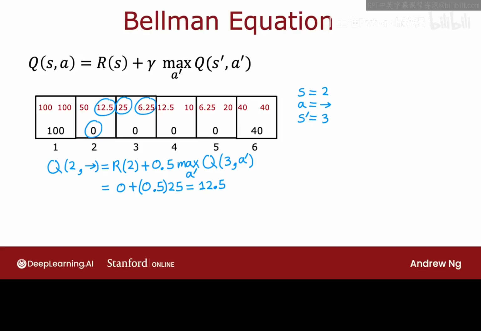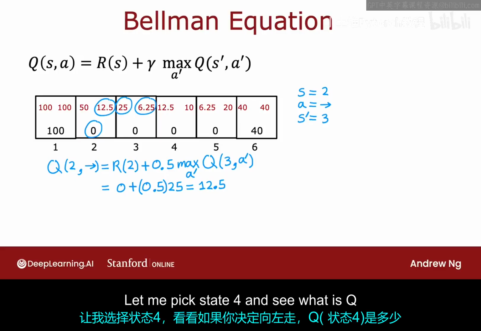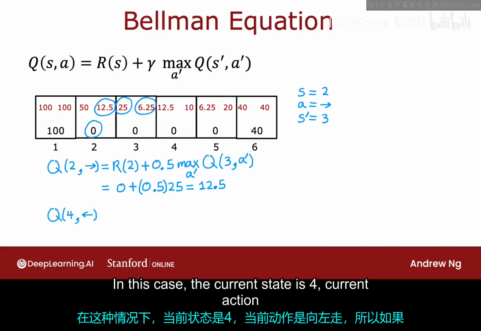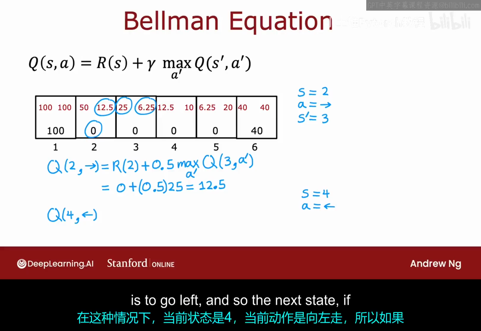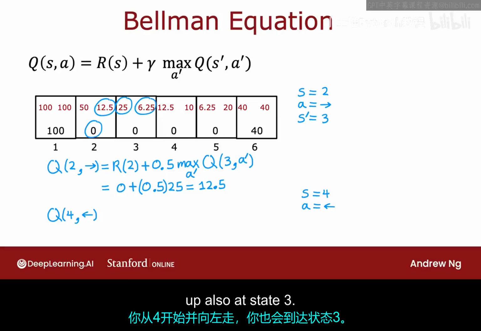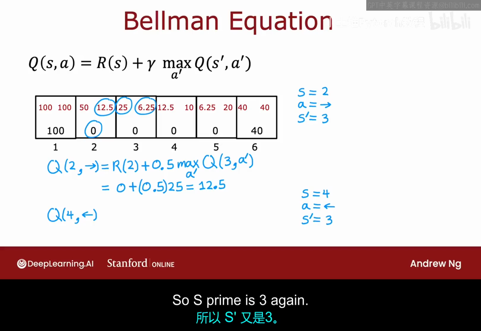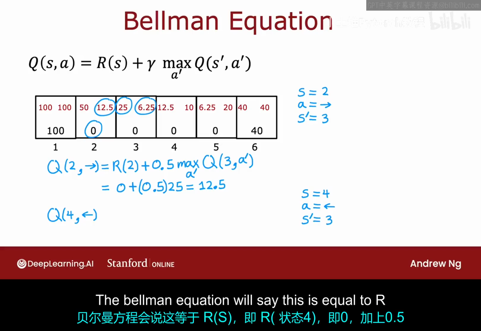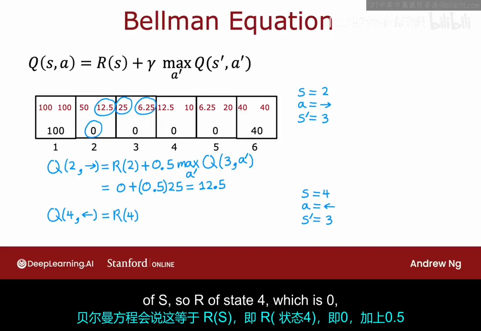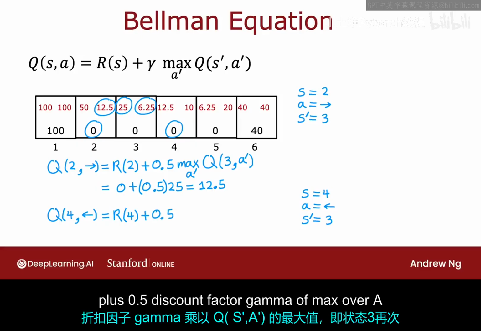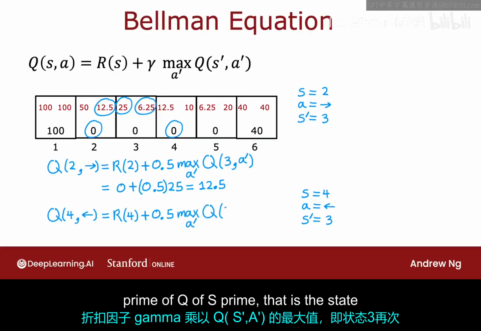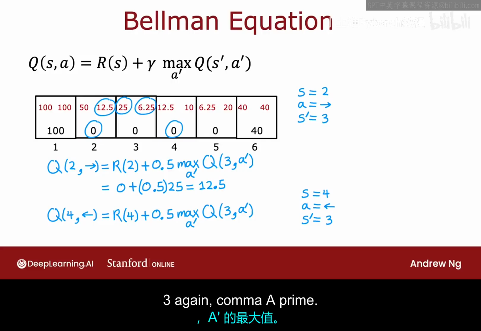Let's look at just one more example. Let me pick state 4 and see what Q of state 4 is if you decide to go left. In this case, the current state is 4 and the current action is to go left. So the next state, if you start from 4 and go left, you end up also at state 3. So S prime is 3 again. The Bellman equation will say this is equal to R of S, so R of state 4, which is 0, plus 0.5, the discount factor gamma, times max over A prime of Q of S prime, that is state 3 again, comma A prime.